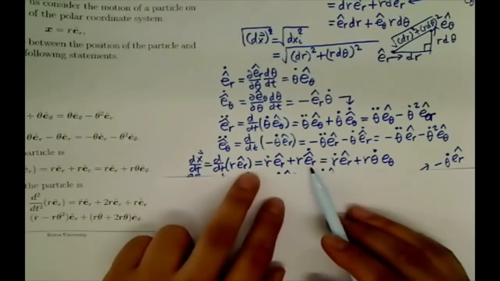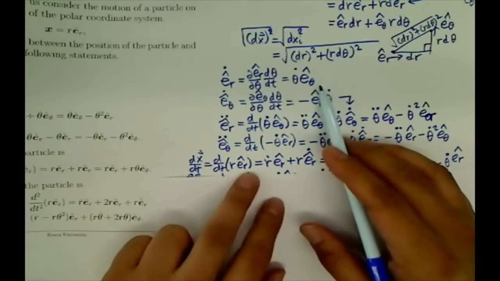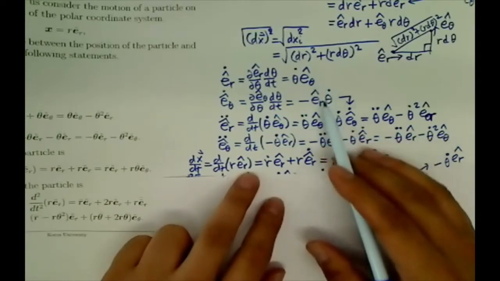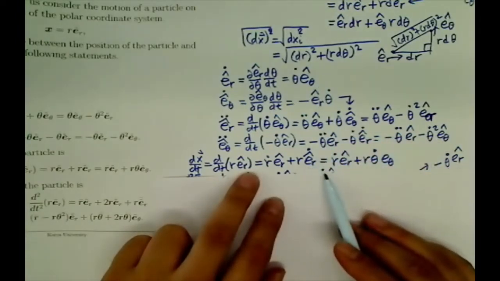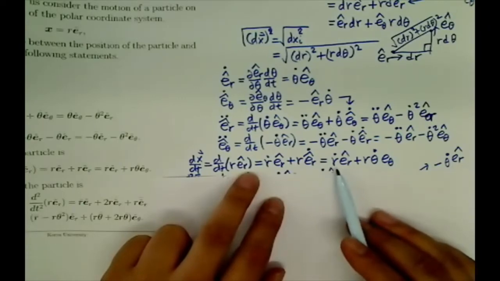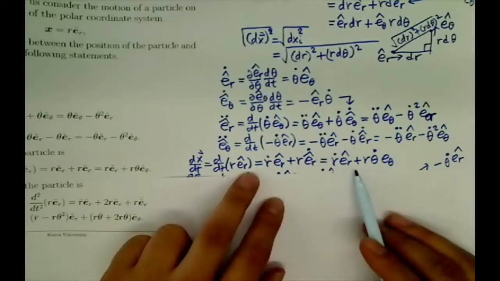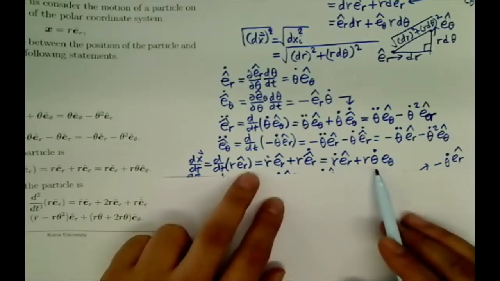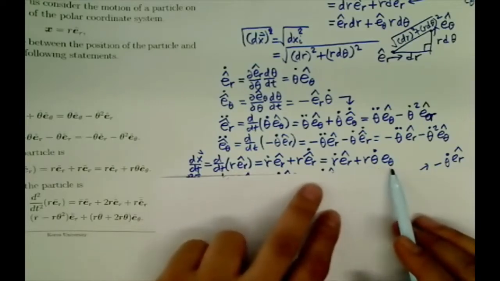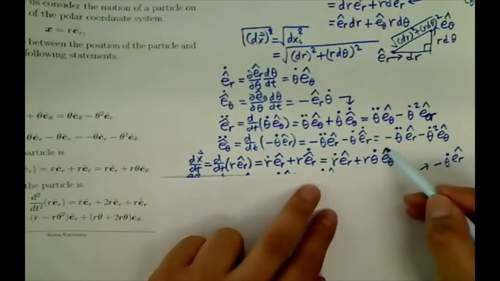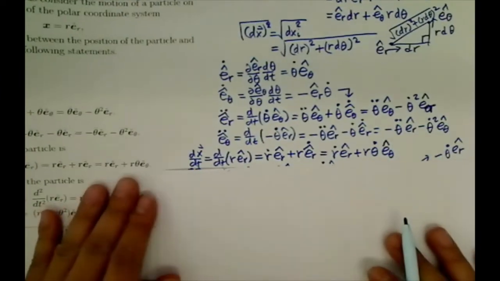So e_r hat dot is obtained here. Substituting this e_r hat dot here, what we find is radial velocity multiplied by the radial unit vector, and r omega, r theta dot. Theta dot is omega, the angular velocity, along the theta direction. The unit vector hat is missing here.